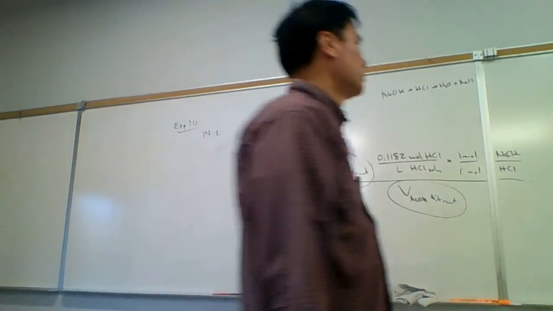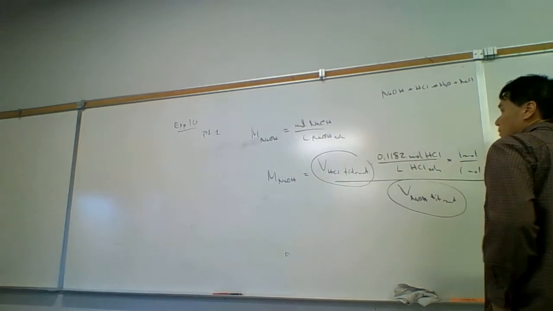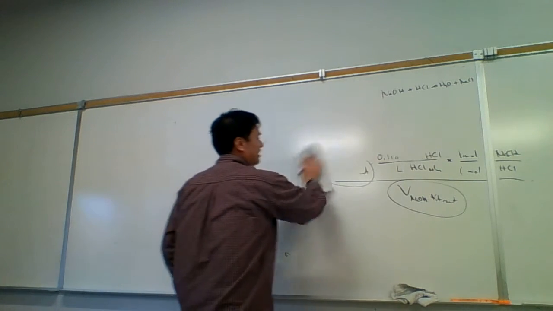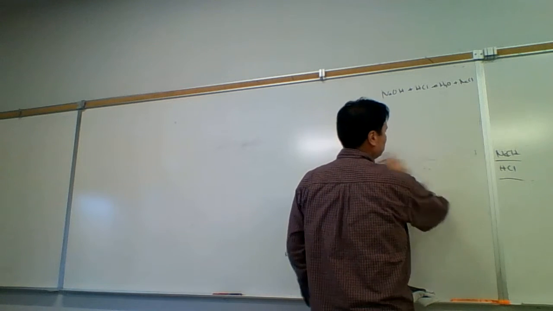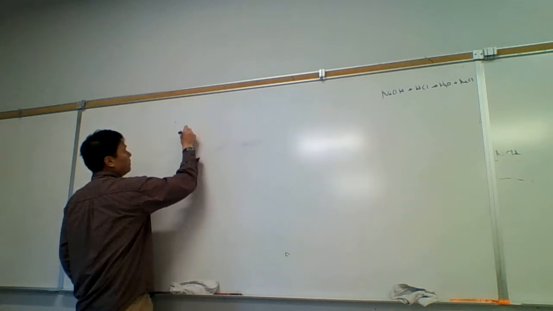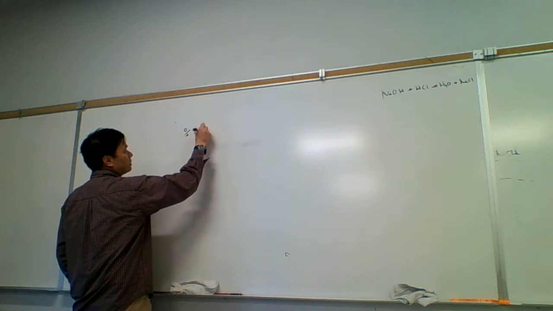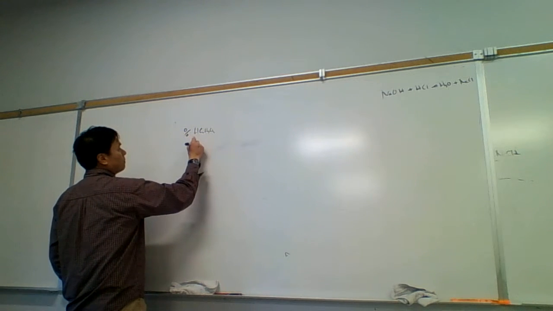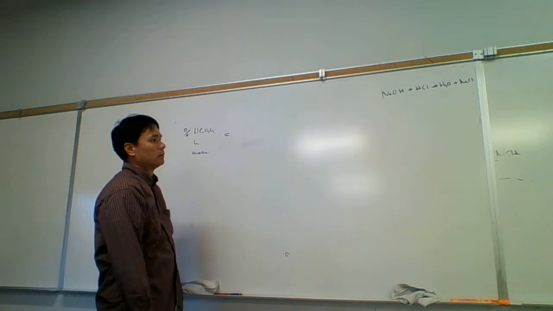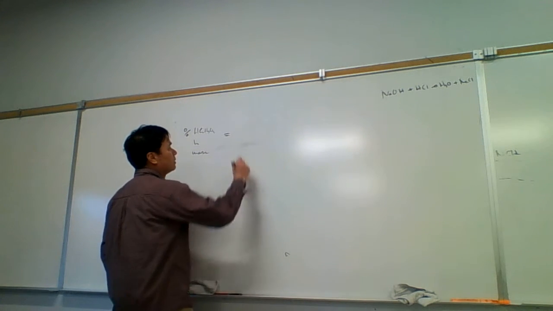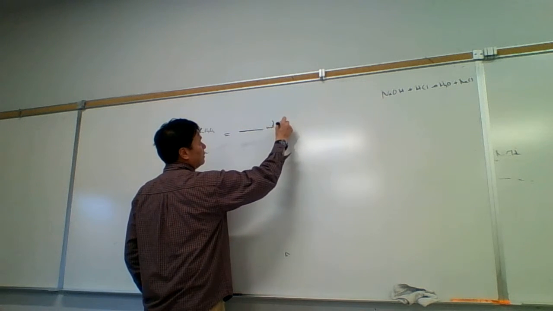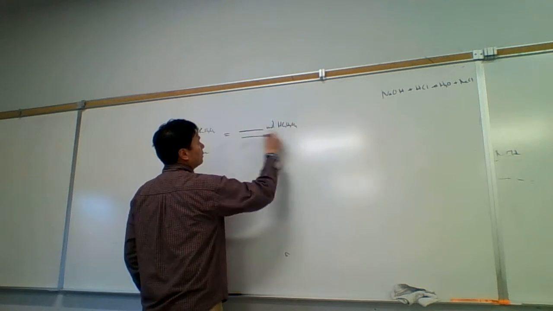Then finally, they want the percent acetic acid. To get the percent acetic acid, we need the density for that. And they want the percent acetic acid by mass. You start off with the moles of acetic acid per liter.